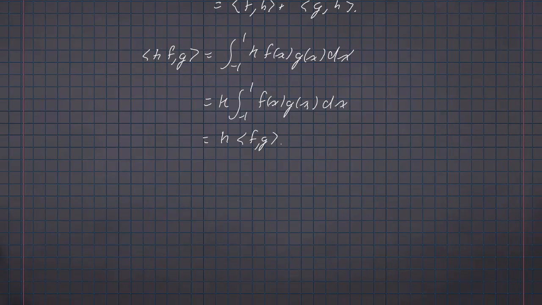Once again, positive definiteness, really the one that is a bit of a challenge. If I take the inner product of f with f, that's the integral from -1 to 1 of f squared of x dx, or f of x squared. And so we are integrating something that is always positive.